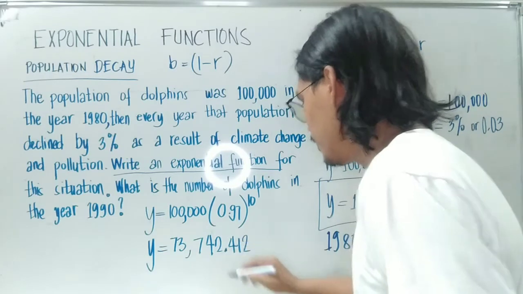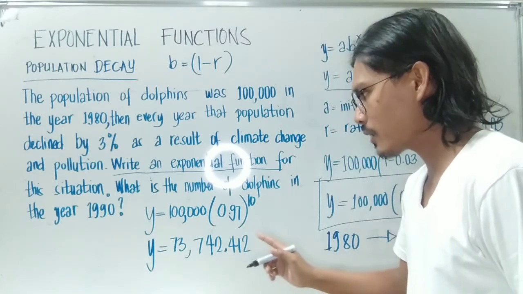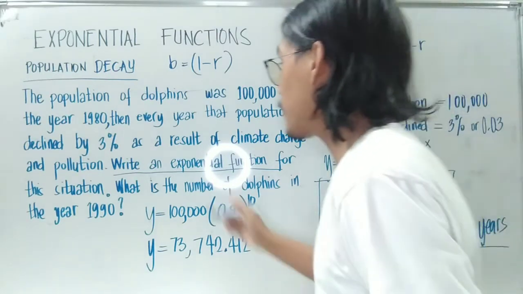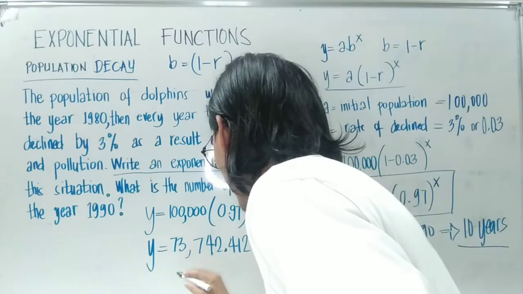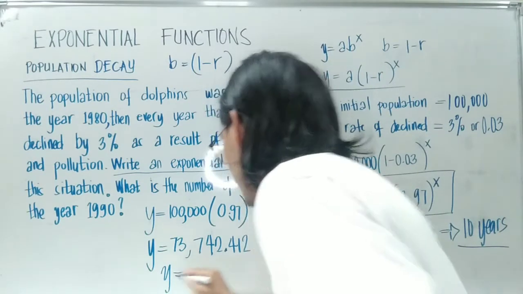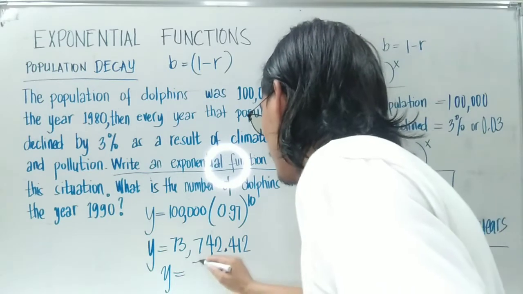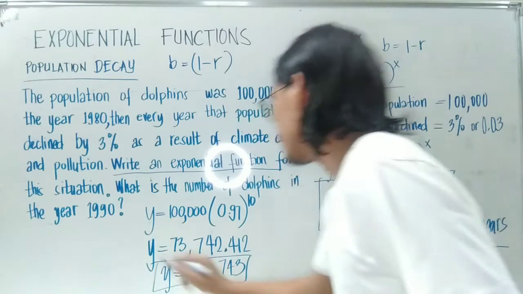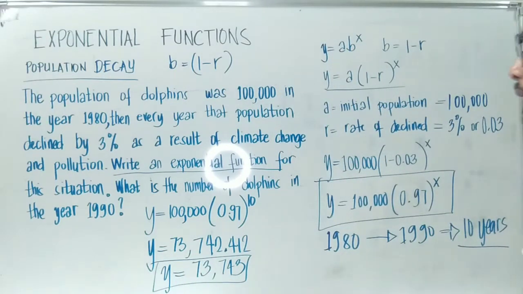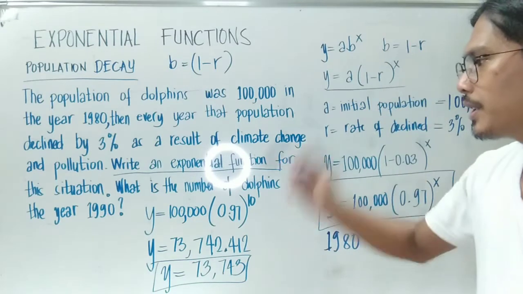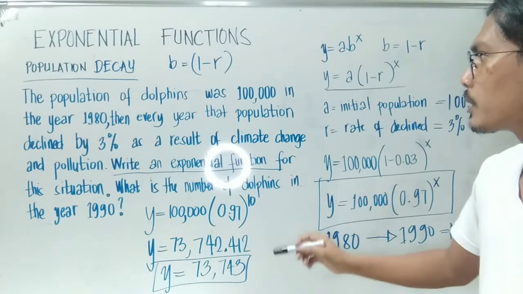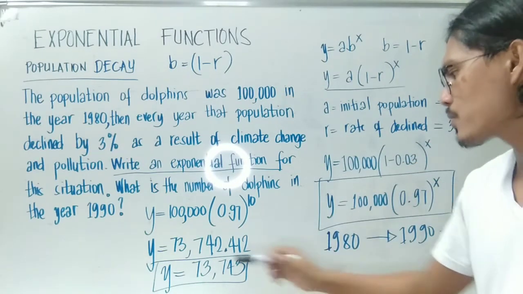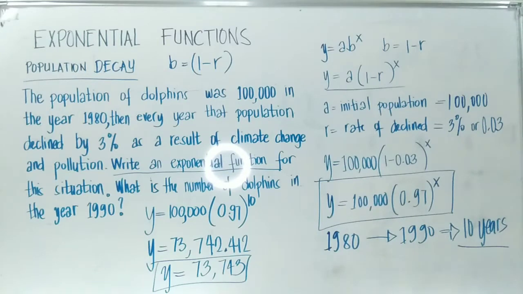This will be your value using your calculator, but we are dealing with the population of a certain species. So the correct answer will be y equals 73,743. Okay, so we can conclude that after 10 years, or at the year 1990, the number of dolphins will decrease from 100,000 to 73,743.